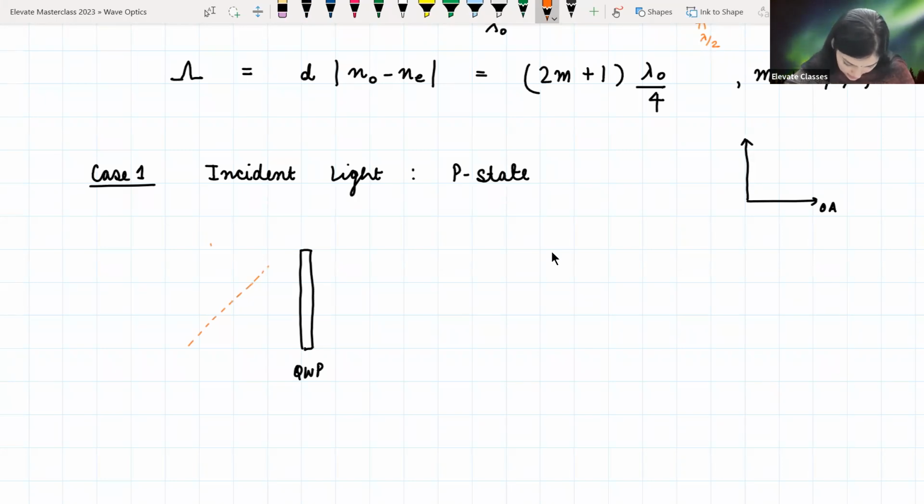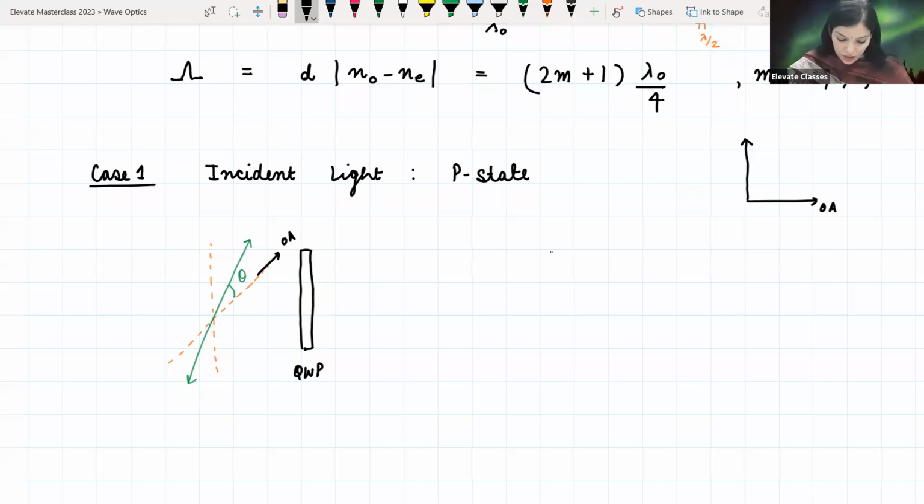So let us say that I'm drawing the same coordinates. I'm taking the optic axis again like this. So the optic axis is this, and I'm just looking at this from the side. Now I have a plane polarized light falling like this, and it is making some angle theta again with the optic axis, the same configuration as before. But now there are two cases that can happen on the output.